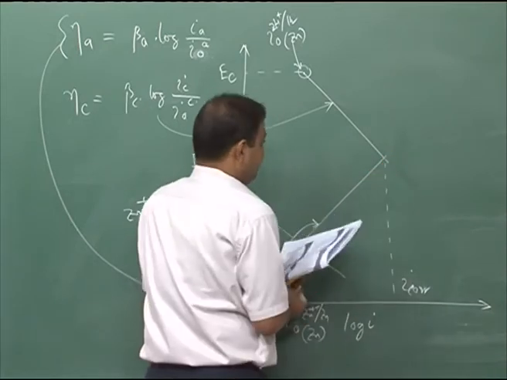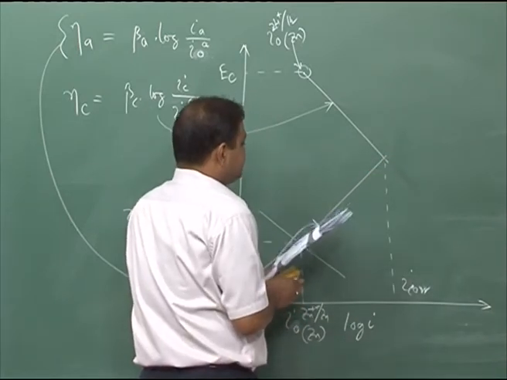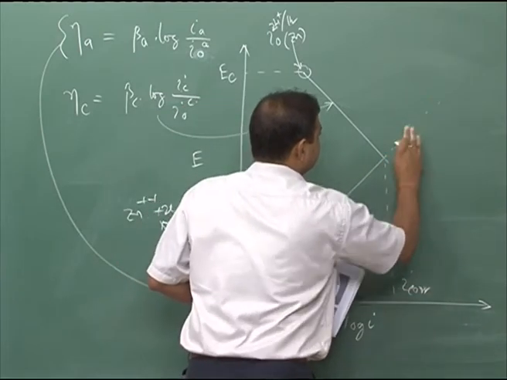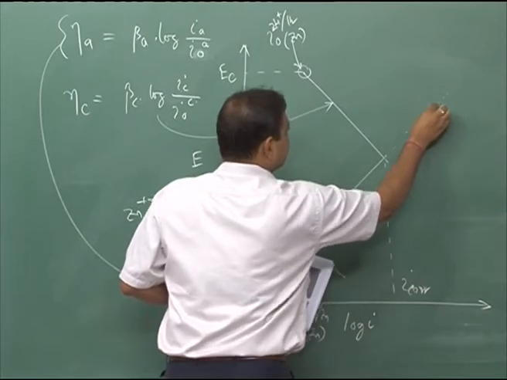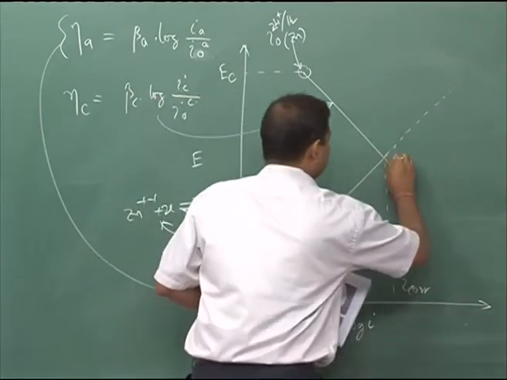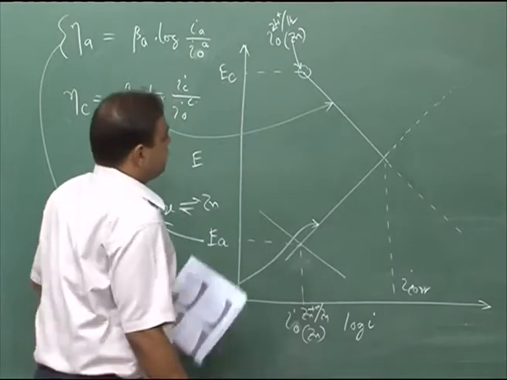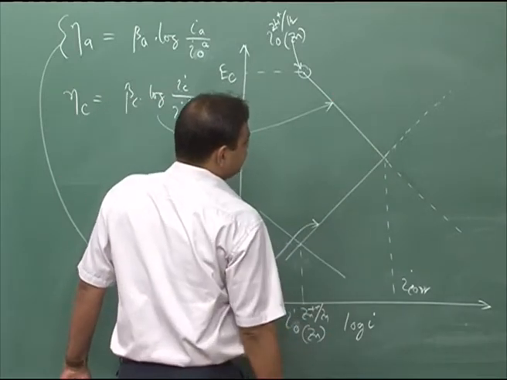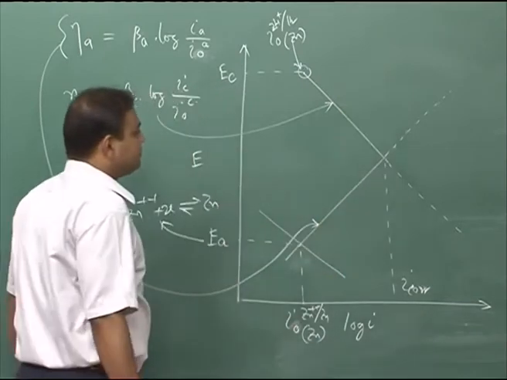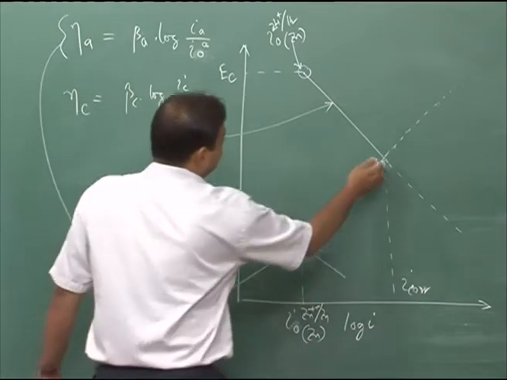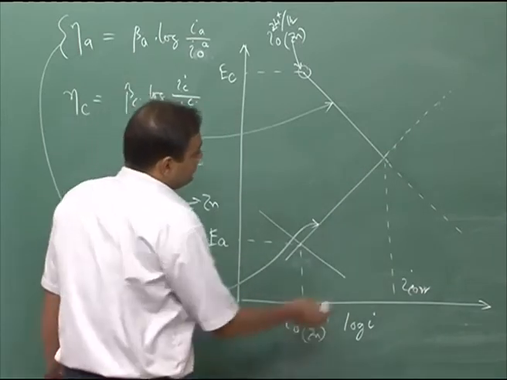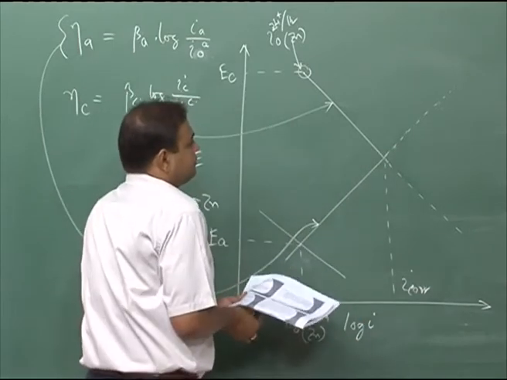So, let us extend this line in dotted fashion. From this potential, if we extend to the positive, anodic side, and then also the negative side, then we will get a curve like this.